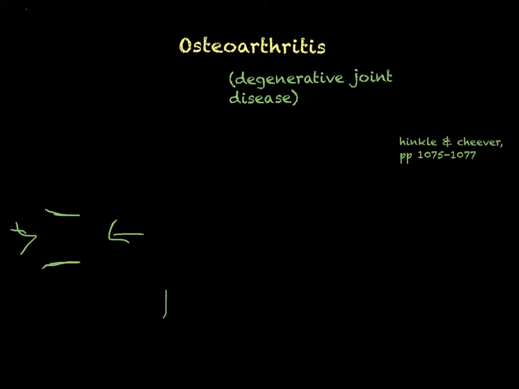The destruction happens faster. And so we get bone spurs, or osteophytes. It's just another word for bone spur. These are sharp, jagged edges, and they have the potential to rub on the articulating cartilage of the next surface and cause more damage.